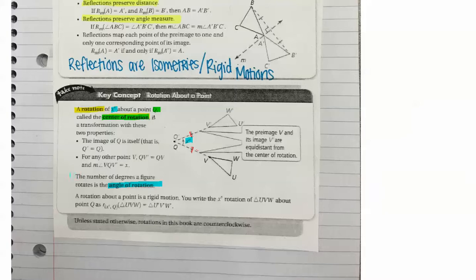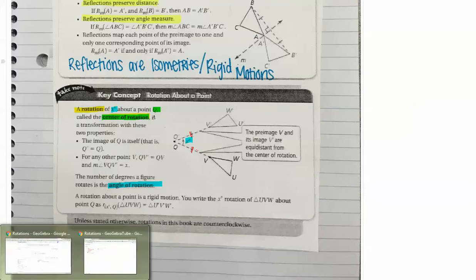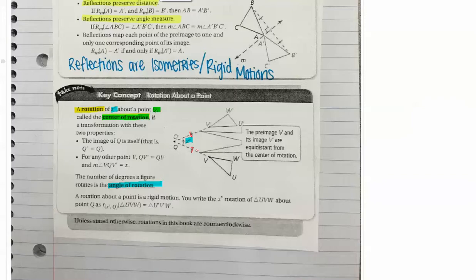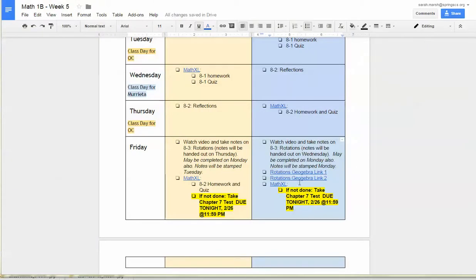Obvious name. Linked on the checklist below the videos are a couple of GeoGebra activities, and I'm going to go to one and show you a few things. On this week's checklist, there's a Rotations GeoGebra Link 1 and Rotations GeoGebra Link 2.